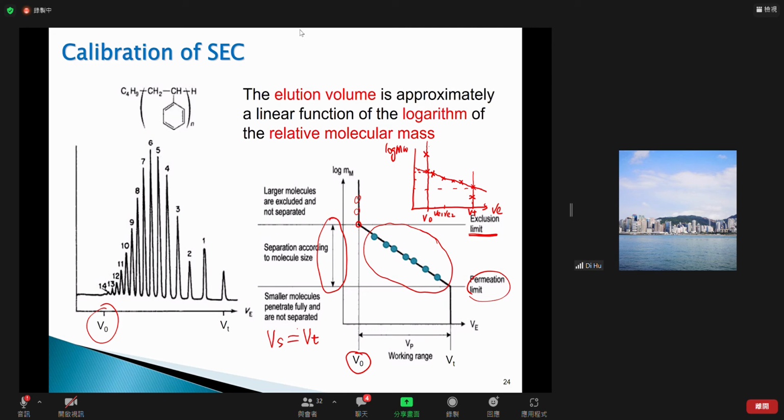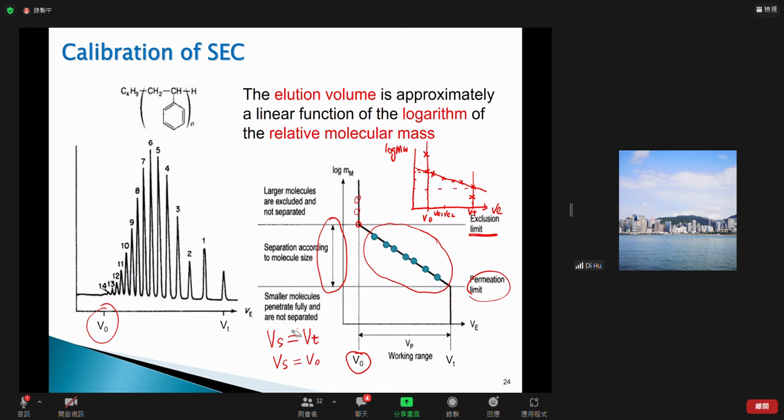Of course not, because as long as it's small enough, it comes at Vt. But if your sample elution volume equals V0, can you know its molecular weight? The answer is also no, because this just represents that it's large enough to get totally excluded, but I cannot know which one it is.